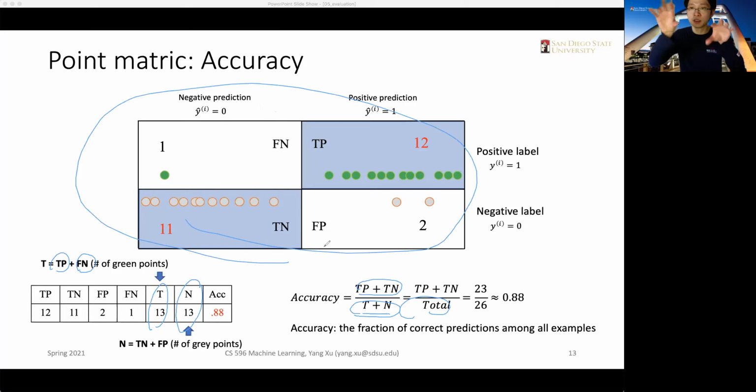So if we take only the correct regions out, their proportion is the so-called accuracy rate, or just the accuracy. It's a simple fraction of correct predictions. I think this is a very straightforward quantity, right?